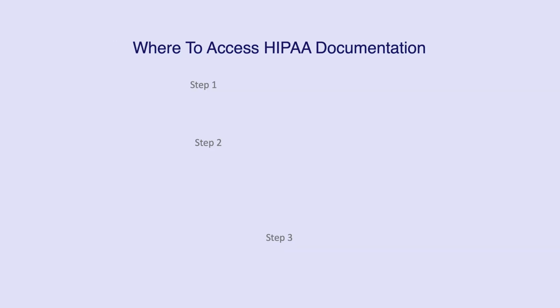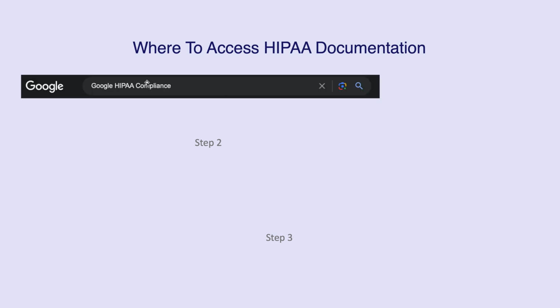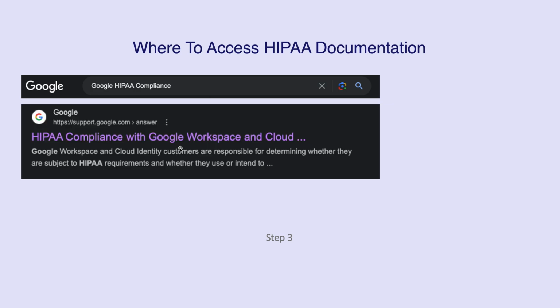And then lastly, to access the HIPAA documentation for Google, search Google HIPAA compliance. I use this as opposed to just showing the document outright, for your security. If that is something you care about, you can just use these keywords and it'll populate this snippet where you can click HIPAA compliance.